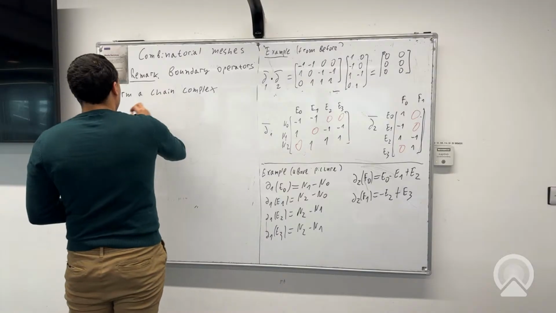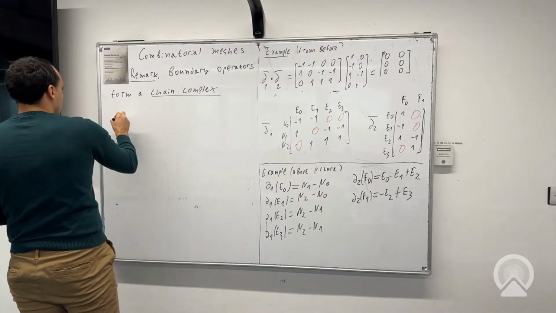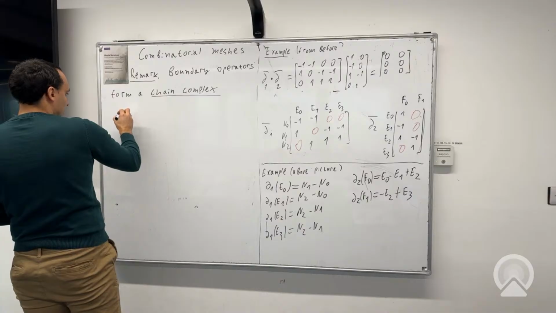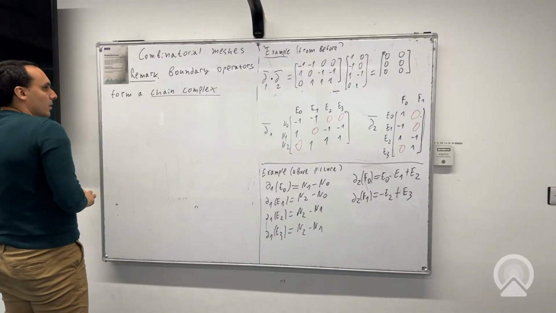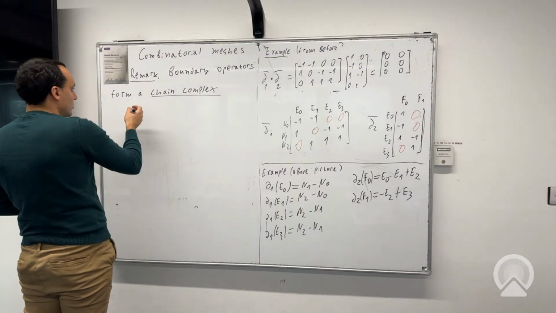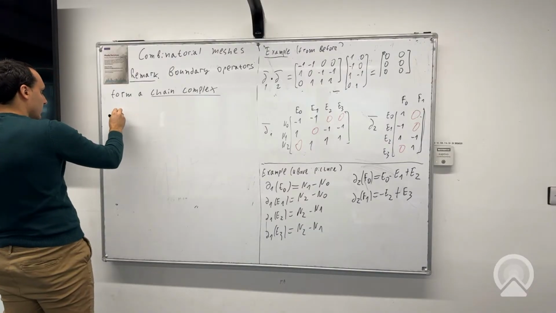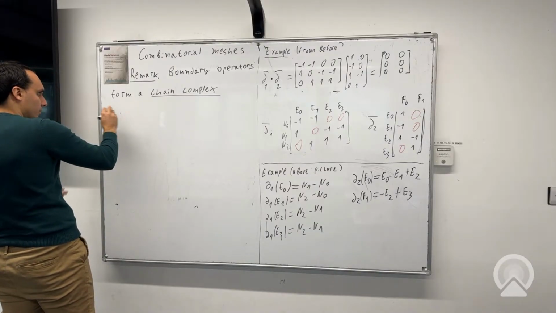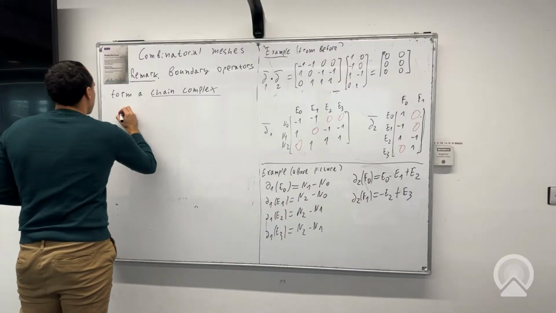So diagrammatically, it is a collection of modules or vector spaces such that the square of the operators, so the composition of operators, is 0.